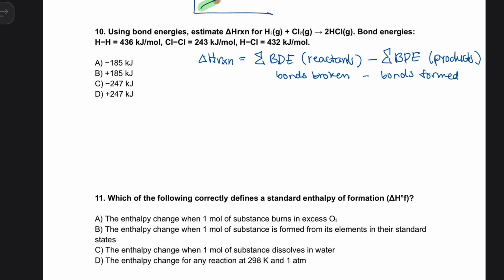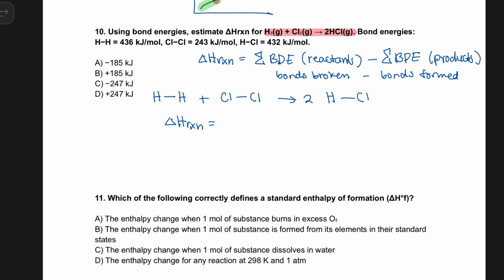So it tells us our formula, but I think an easier way to visualize the different bonds that we have is just draw it out really quickly. So H2 gas is an H bonded to an H, plus Cl2 gas is a Cl with a single bond to another Cl, and then 2 HCl is an H single bonded to a Cl. So we can see it clearly now.